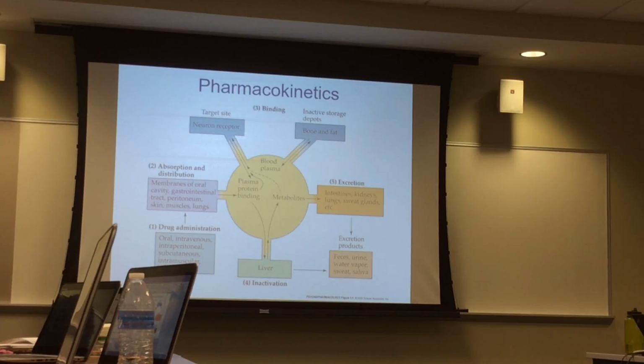Then it goes to the binding protein within the blood, and from there it goes to either the bone and the fat, which act most of the time as a reservoir, where drugs can linger forever, and some drugs' toxicity is simply because they stay in the bone and the fat for a long time. And this is also one of the phenomena that's used for toxicological identification. Somebody gets the drug and dies later, maybe 10 days or 2 weeks or 3 weeks later.